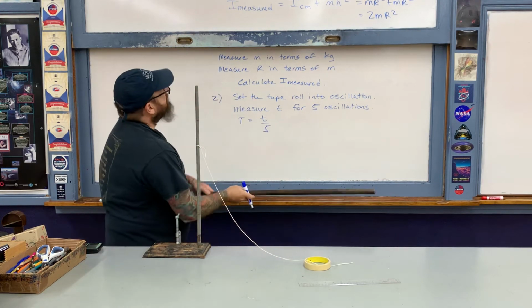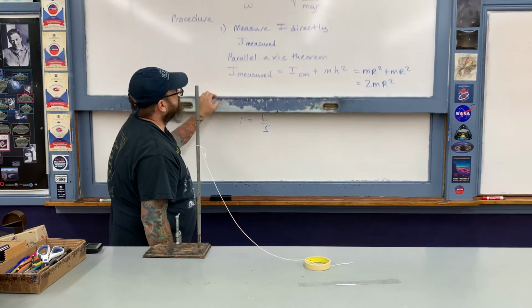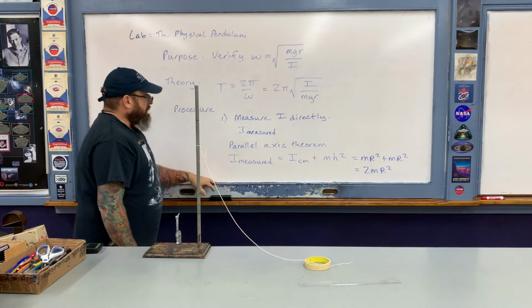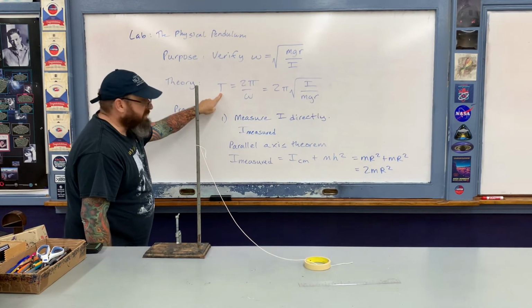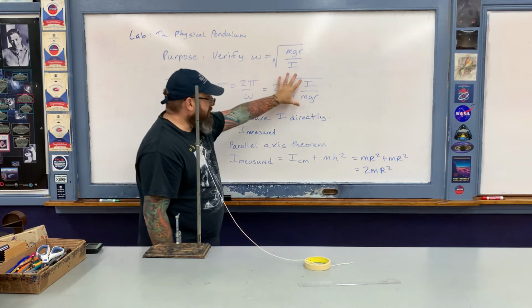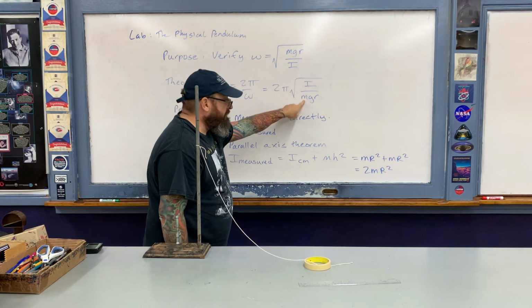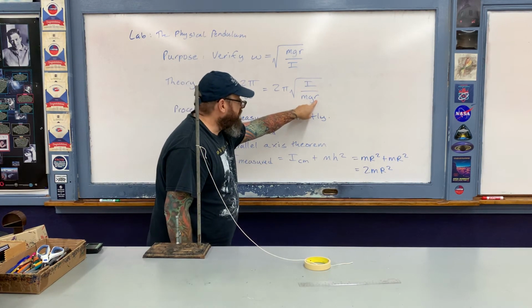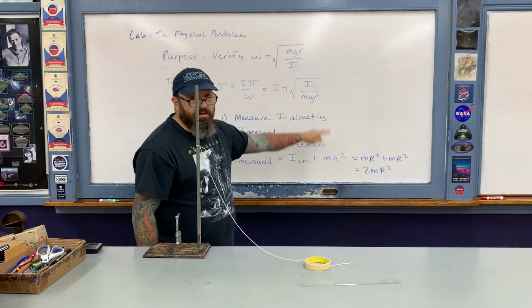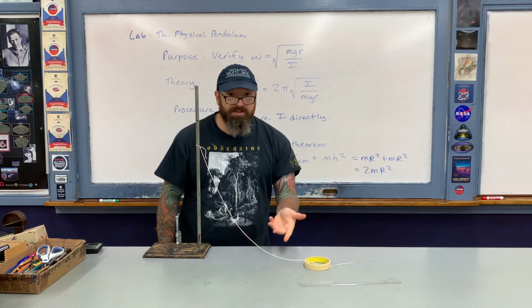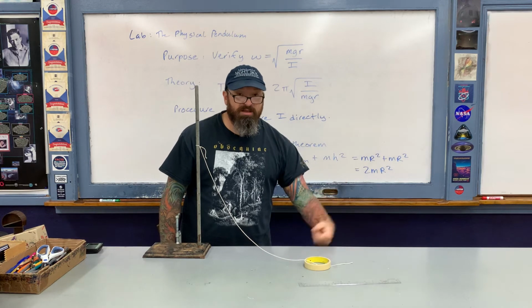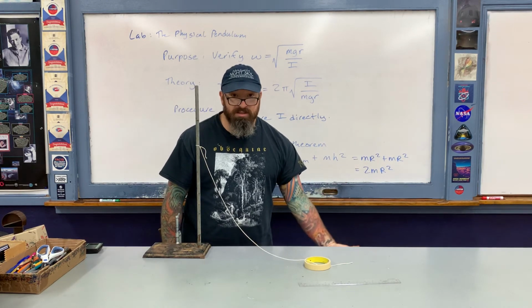Okay, now let's jump back up here to the top board for just a moment. Okay, well, you just measured the period with a stopwatch, and then over here on the right-hand side of the expression, you already have the mass M, and then we have right here the moment arm R. The moment arm R, of course, goes from the center of mass to the pivot itself. That's just equal to the radius of the hoop.